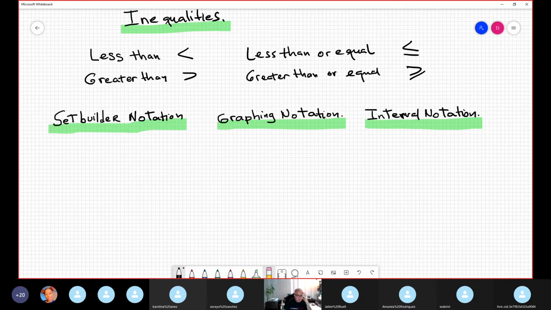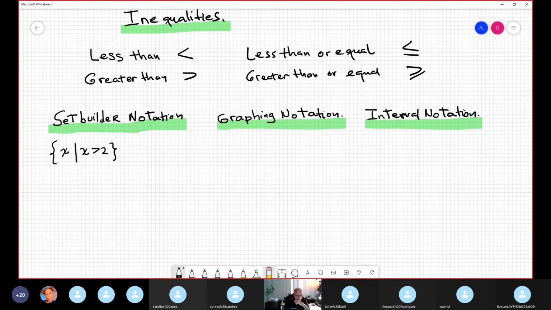In set builder notation, you open this curly bracket, you put the name of the variable, suppose x, very popular, such that x greater than 2. That's it. You put a condition after that symbol. By the way, that symbol is called such that. In mathematics, this small vertical stick represents such that.